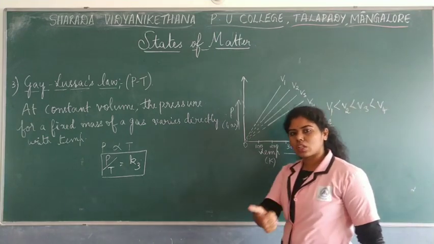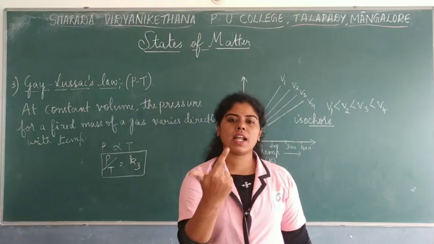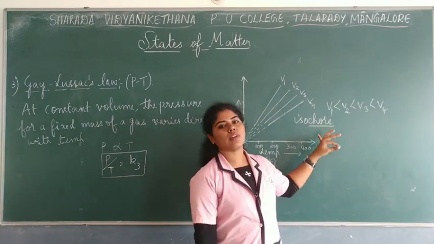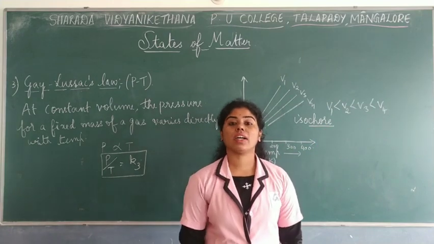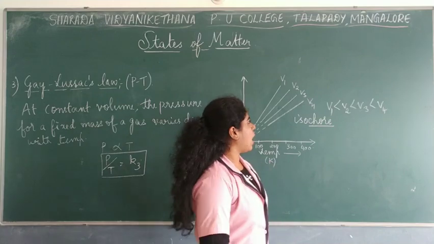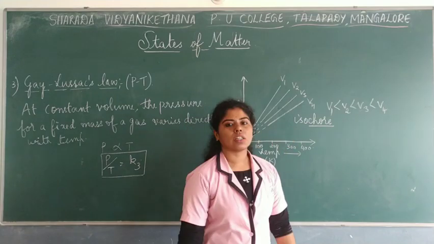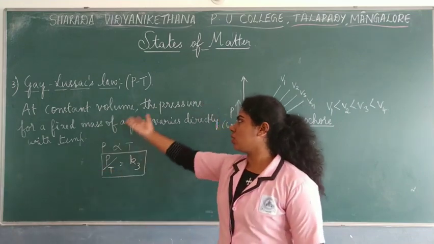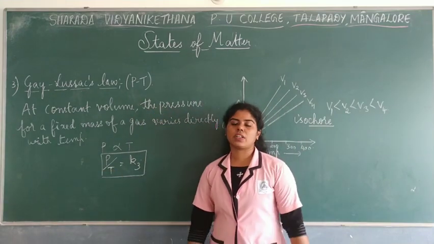First one is isotherms, where temperature is kept constant. Then you have isobars, where pressure is kept constant. And the third one, where volume is kept constant, are called isochores. These questions may be asked about the graph or the lines plotted according to the relationships given by the different laws.